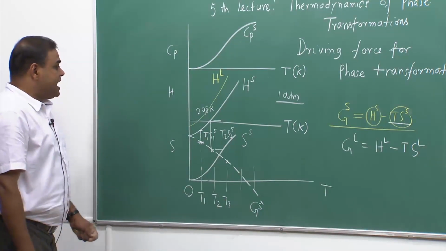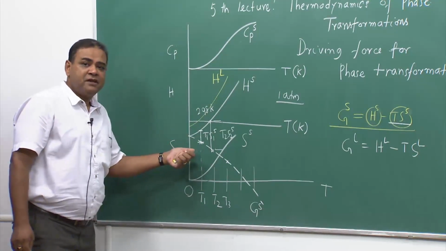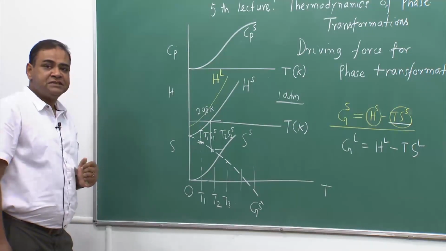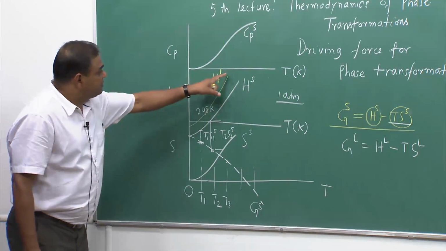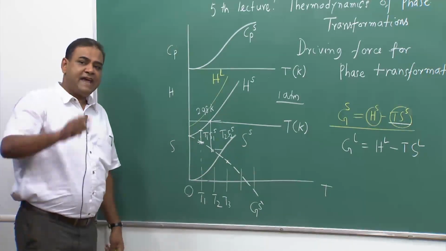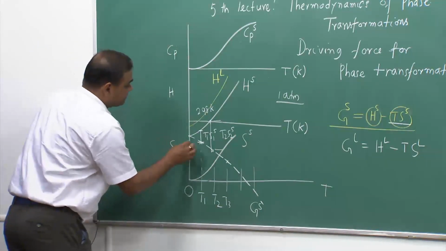Now, similarly, I can have those locus points for the G of liquid at different temperatures, since I have the value of HL as well as SL. Now, that case also I will get another point like this.